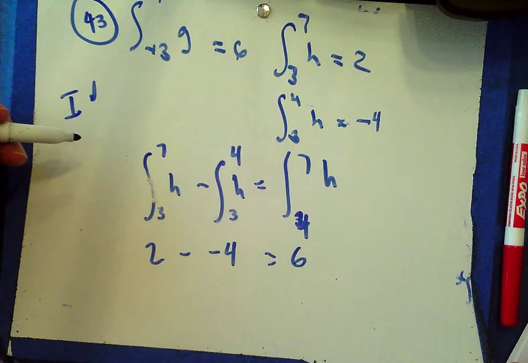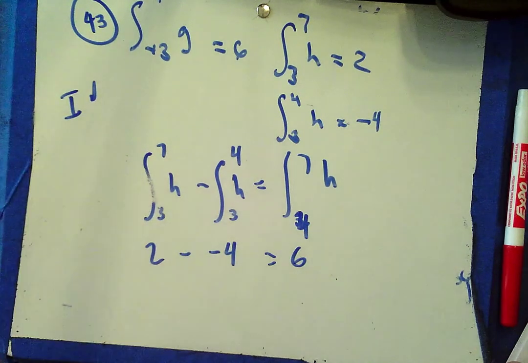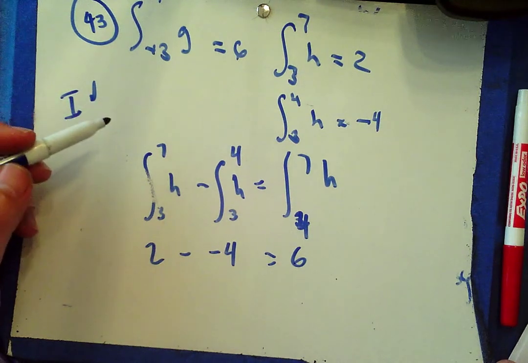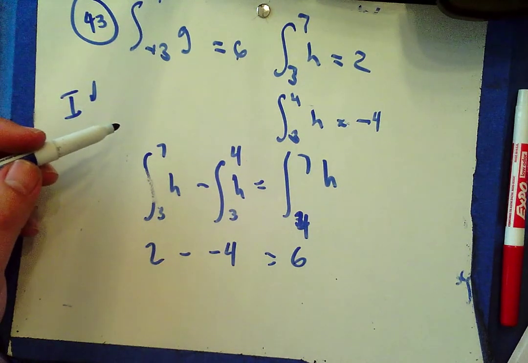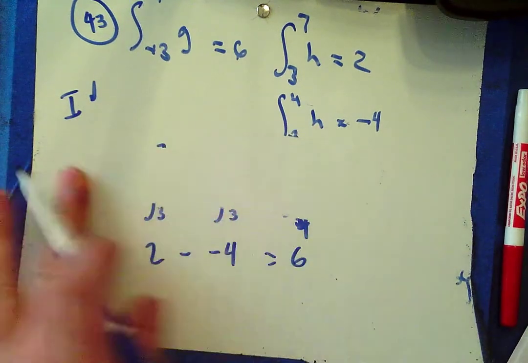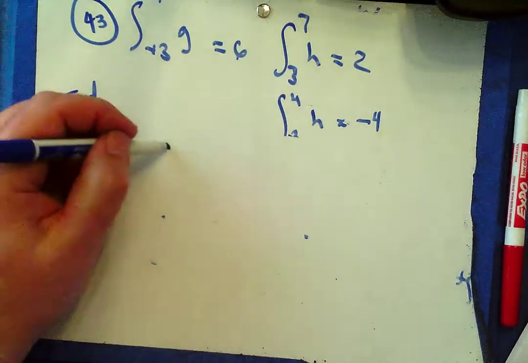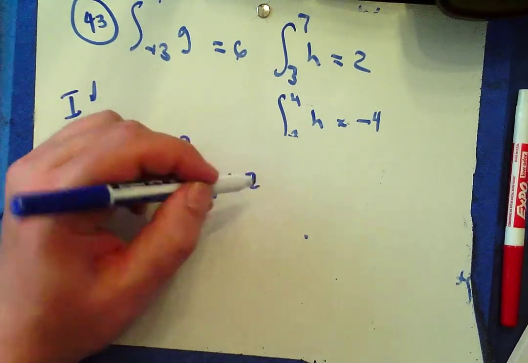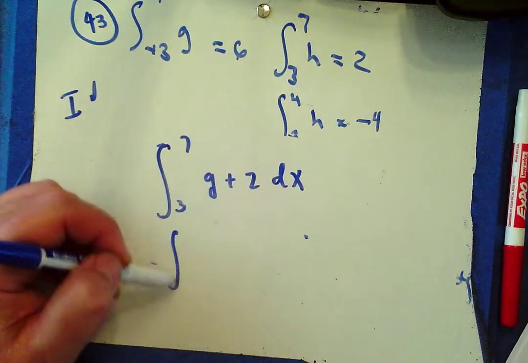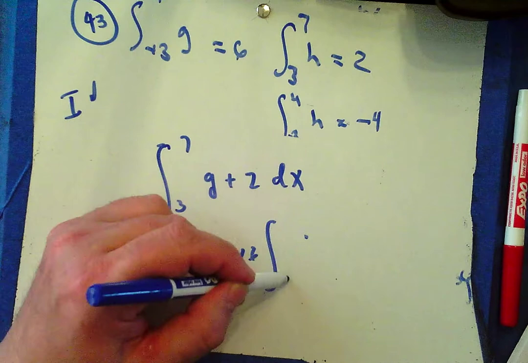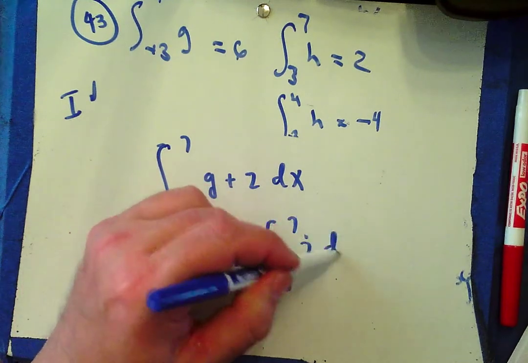What about Roman numeral 2? I don't have any property for the product of integrals, so I can't say anything about that one. But let's take a look at Roman numeral 3, the integral from 3 to 7 of g plus 2. That is going to be the integral from 3 to 7 of g plus the integral from 3 to 7 of 2.